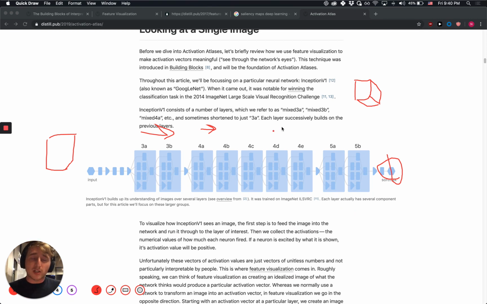And this transformation is done to a 3D volume, which is then passed to the next layer and next layer. And this 3D volume is made up of 3 dimensions. 2 are the spatial dimensions, so x and y, that correspond to the x and y areas of the image. And then this z, this depth, are the channels, or units, or neurons. These are different channels, and these are spatial positions.